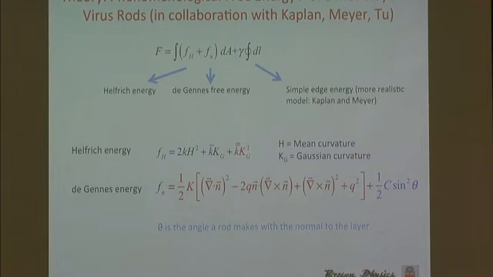Now, in terms of what goes into each of these bits, the edge energy is very easy. The Helfrich energy is the usual one. The only thing I want to point out is this extra higher order term, which ordinarily you wouldn't write in the Helfrich energy.